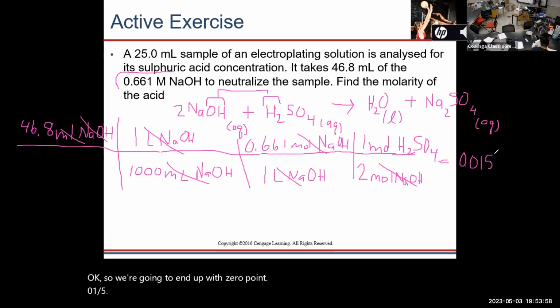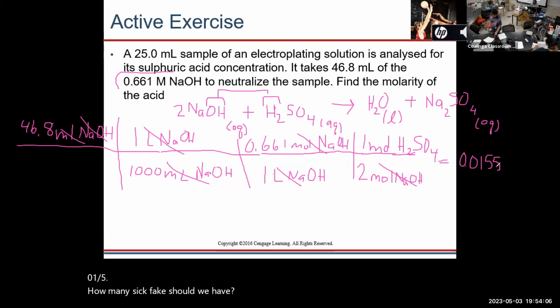How many sig figs do we have? That's right, 3. 3 is correct. Moles of H2SO4.